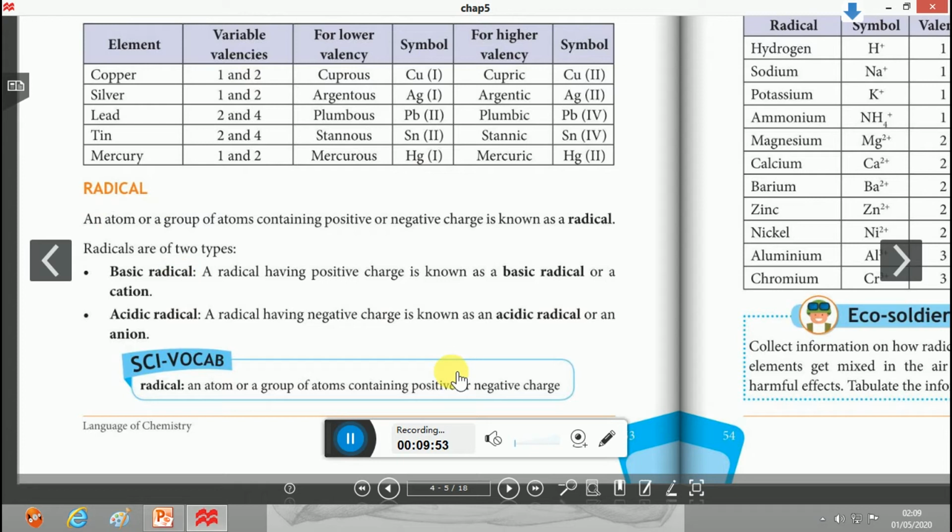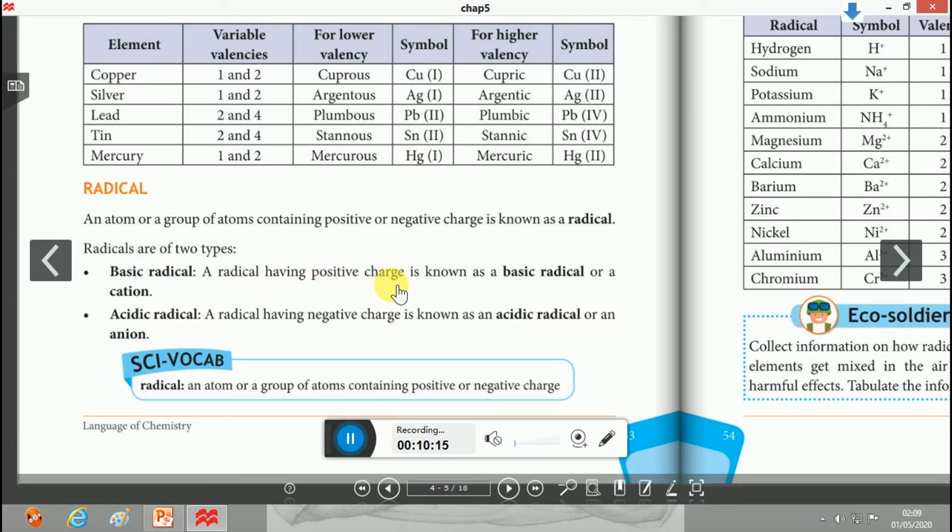Next is the radical. A radical is an atom or a group of atoms containing a charge, either positive or negative. That means radicals are of two types: one is basic radical, another is acidic radical.